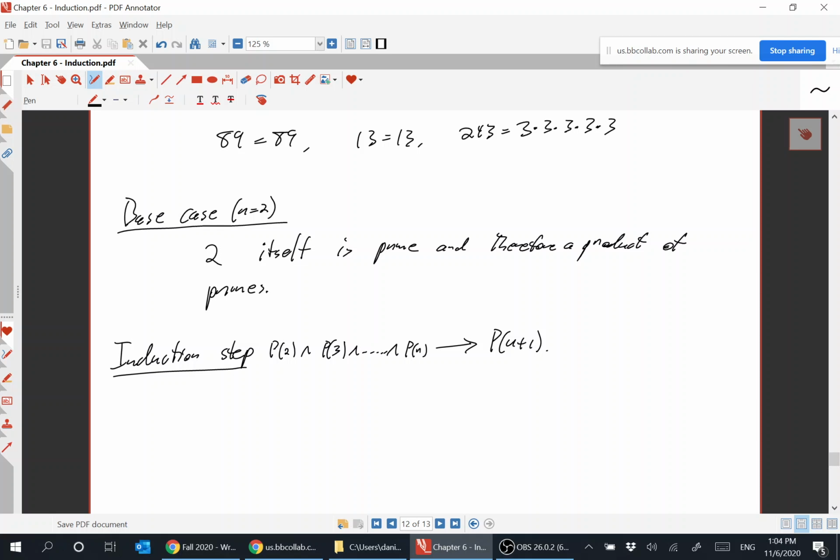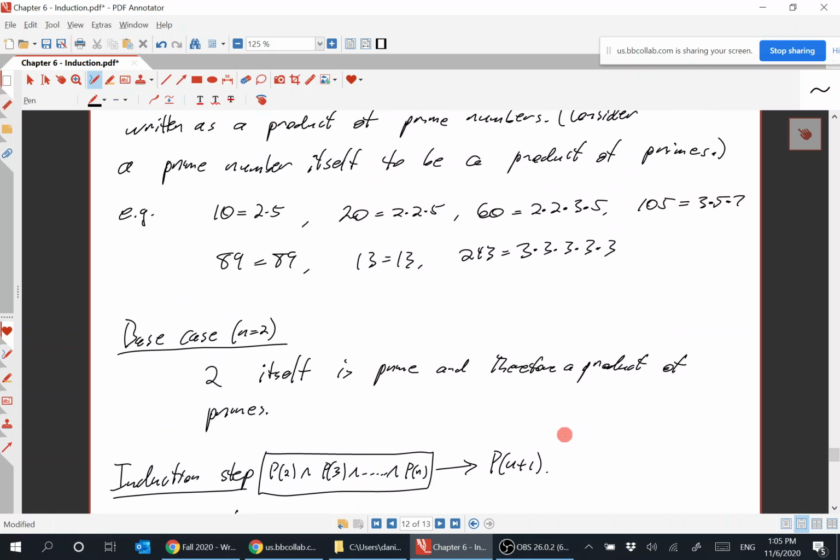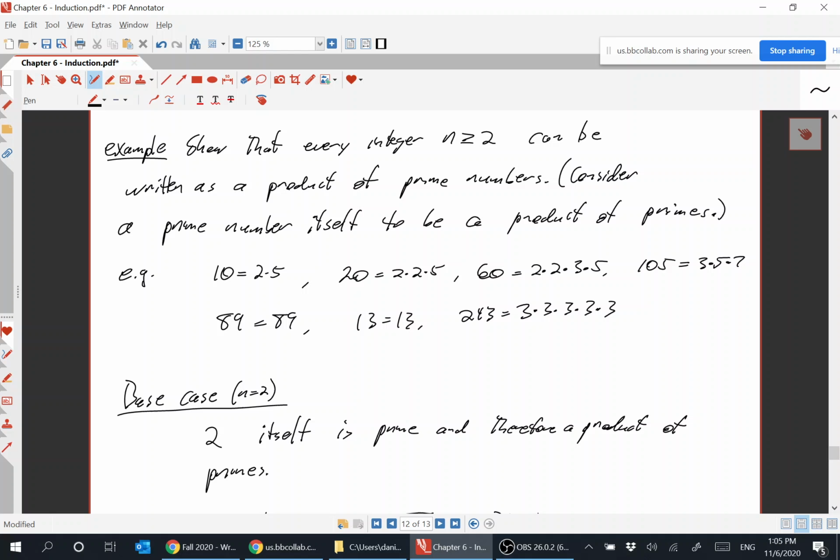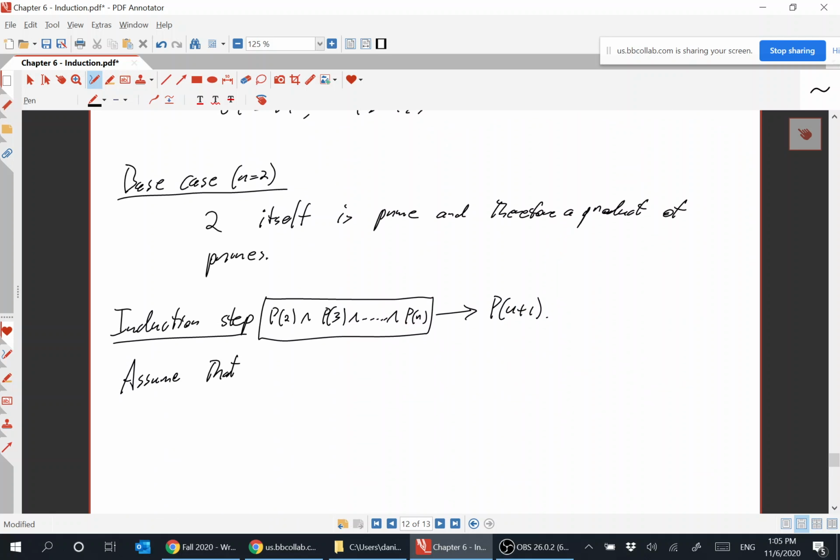How can we write that in English? Assume this is true. This is what we need to assume. So assume that what? And we're trying to show, and what's Pn in this case? Pn is the predicate, n is a product of primes.